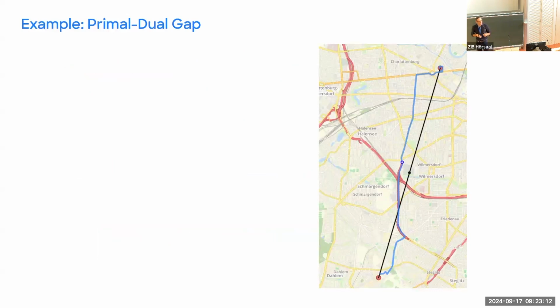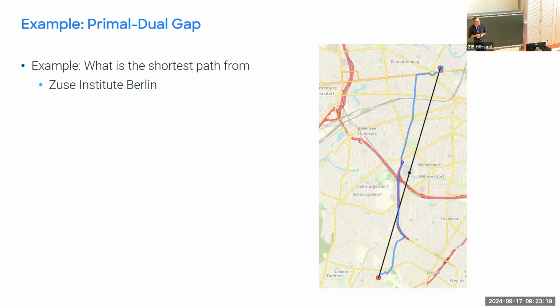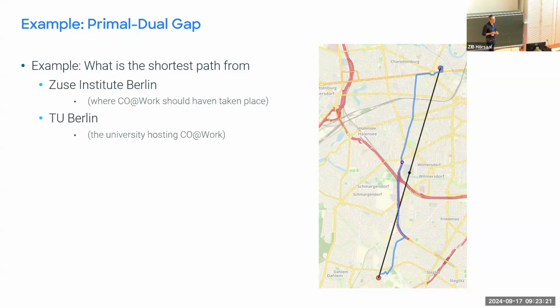For instance, if you imagine you want to find the shortest path from ZIB to TU Berlin. These are slides from the virtual CU at work last time. Now I want to know, what is the shortest path? Imagine you're a free runner, so you have no restrictions, right?